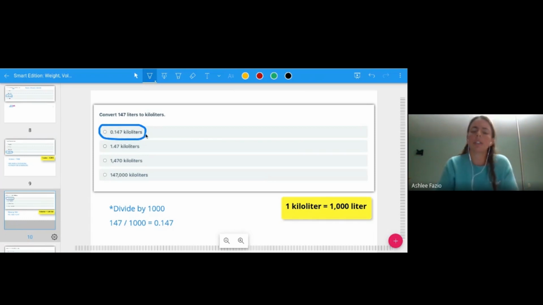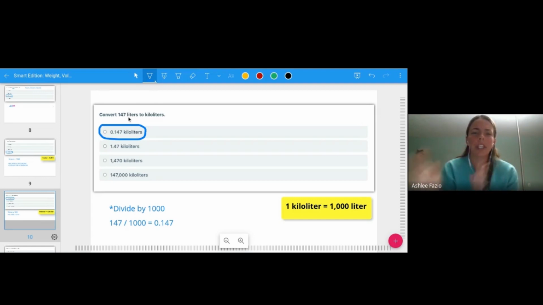So my solution here would be this top answer, 0.147 kiloliters. It's important to have an understanding of the size difference, the magnitude difference, of liters to kiloliters or milliliters, all of those different ways that we can use the metric system for the volume of a liquid.